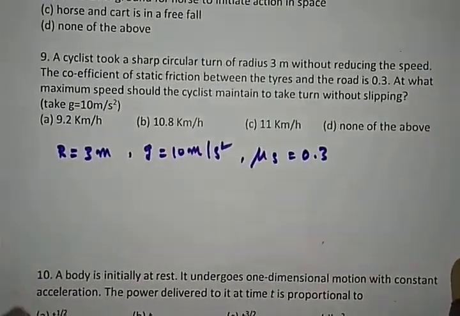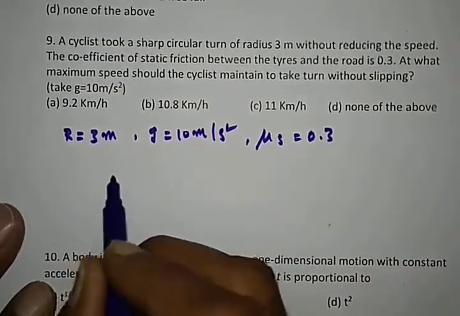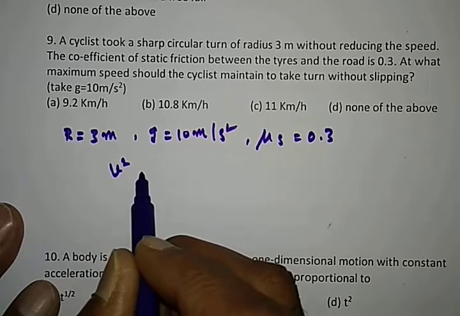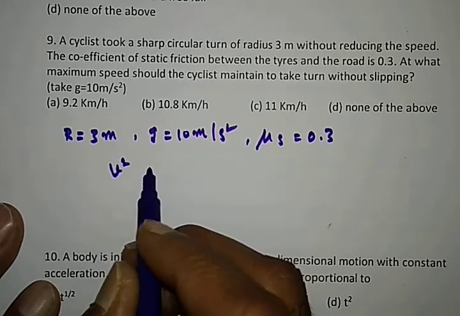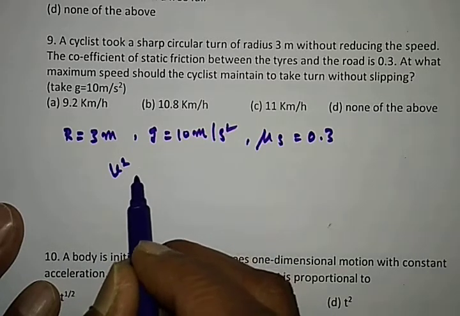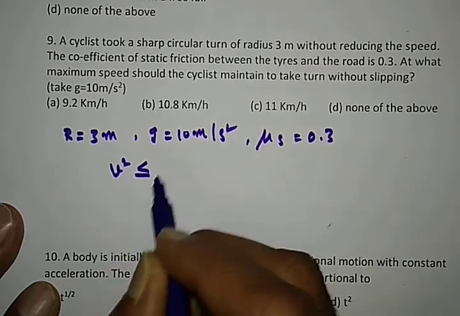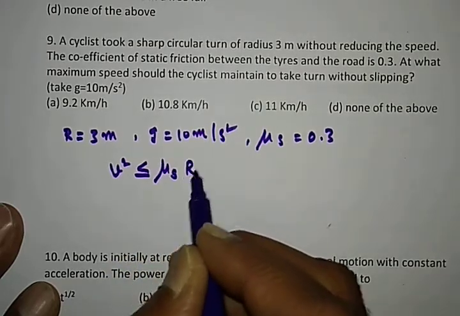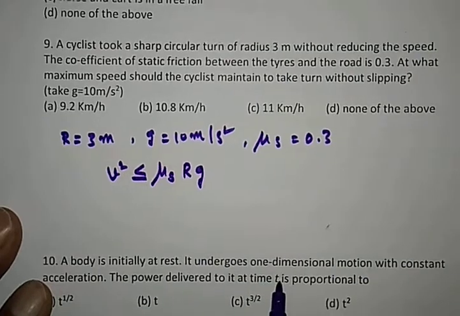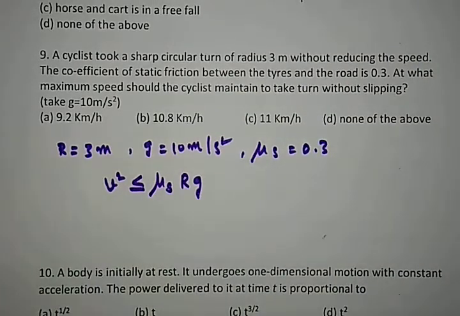Okay. So the equation for this is v squared is less than or equal to mu_s r g. See here, it's the maximum velocity.